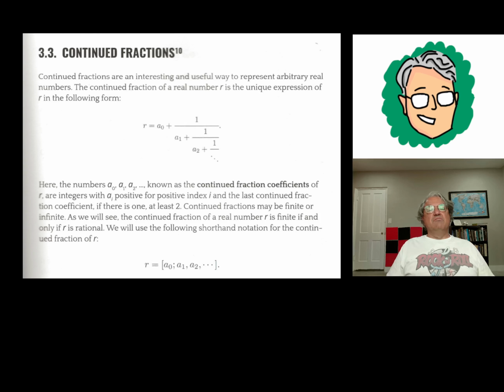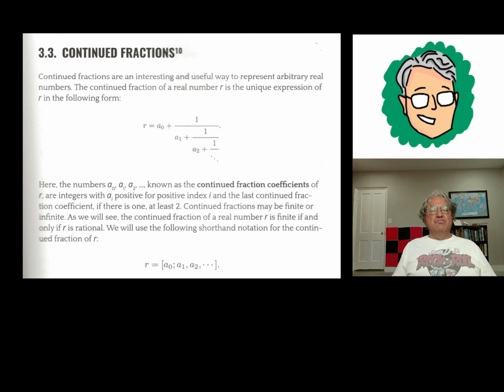And since this is kind of a messy expression, there's a neater way to write it, which I show on the bottom of the slide. All we really care about are the coefficients, a0, a1, a2, and so on. So we can write this in a more compact way. R is, we use square brackets for the whole expression. Inside the square brackets, we write a sub 0 first. And a sub 0 is a little bit special. It's a little bit different from the other coefficients.